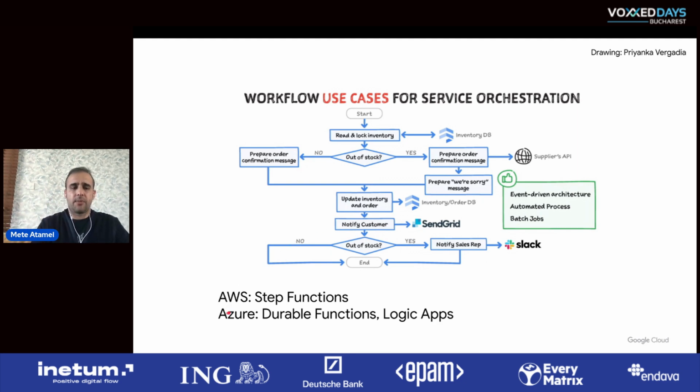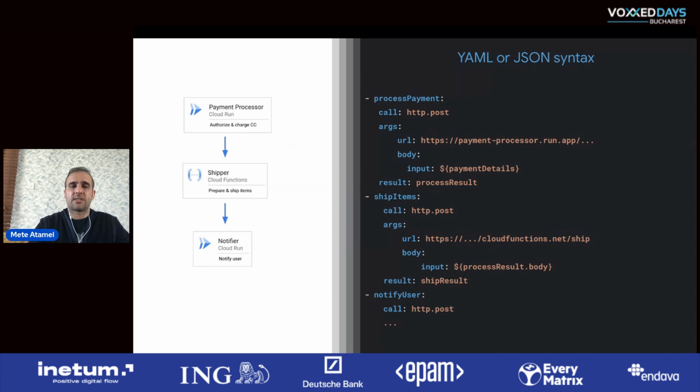And again, on AWS, there's Step Functions to do this kind of thing. On Azure, there's Durable Functions or Logic Apps. So again, there are options in each cloud provider. And the way you define these orchestrations is there's a YAML or JSON syntax. There are steps that you define. For example, if you want to call three services in this order, you can define three steps.